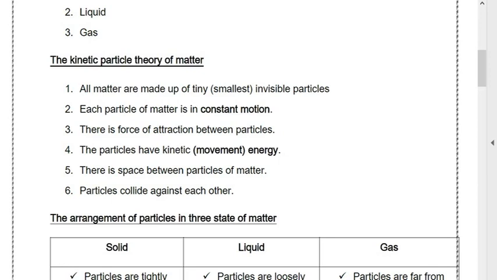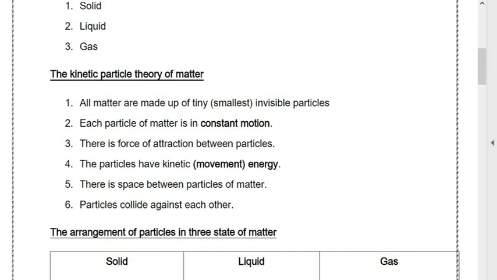Gaseous substances such as oxygen, carbon dioxide and nitrogen have mass, even though they are very, very light. Under the principles of the kinetic particle theory of matter, all matter is made up of tiny, invisible particles which cannot be seen with the naked eye.